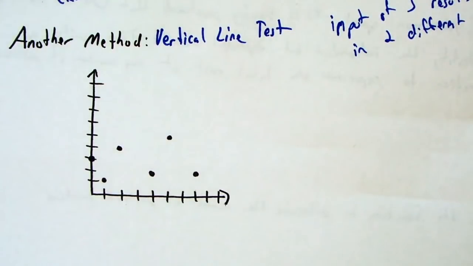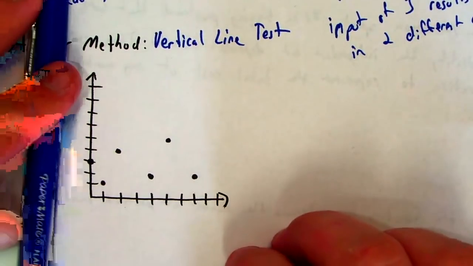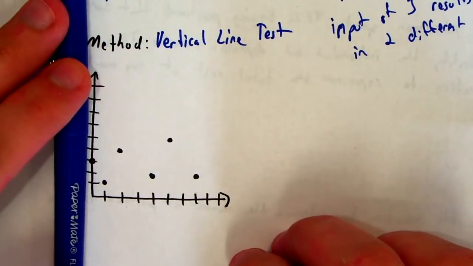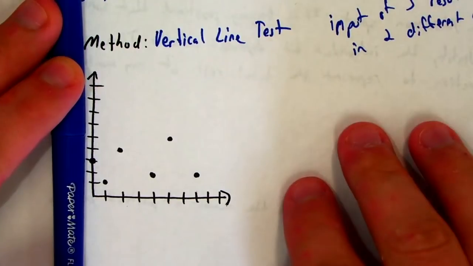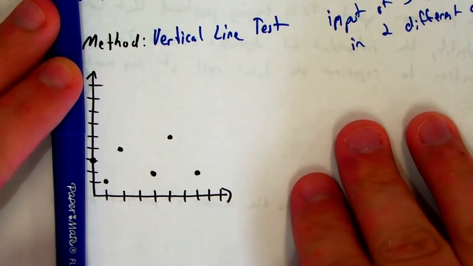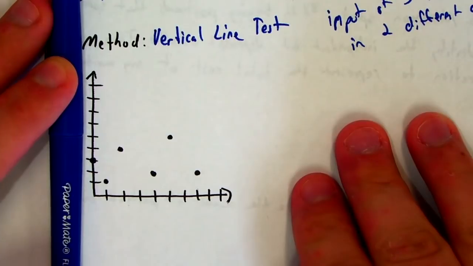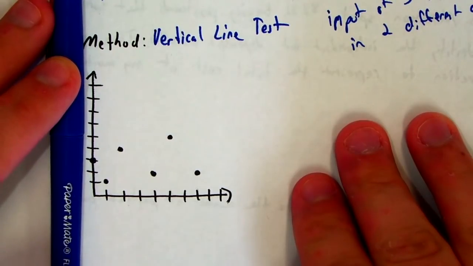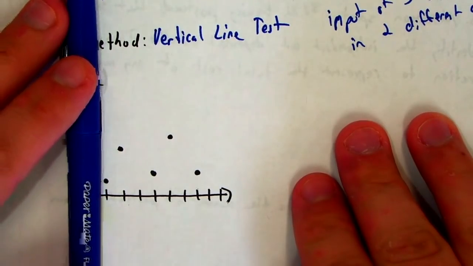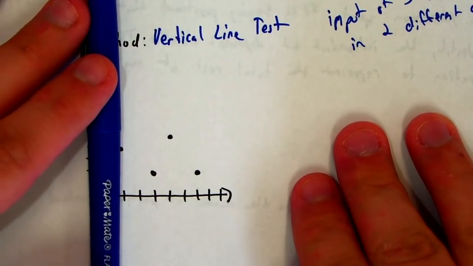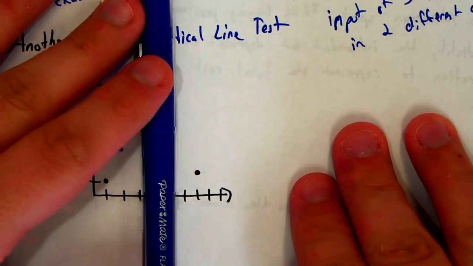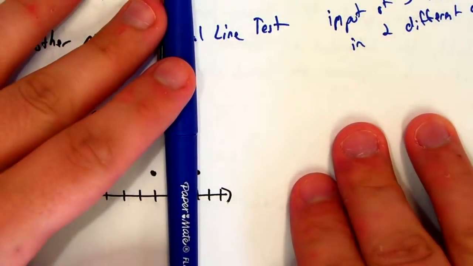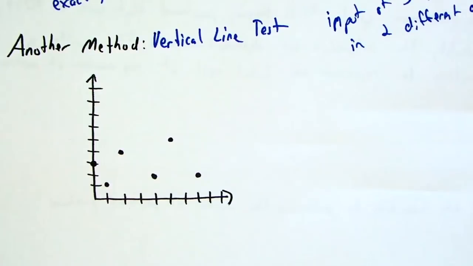And what we do is we take a pen or a pencil or something that's straight, and all we do is we move the pen from the left side to the right side, checking if for some reason two dots intersect with this line at the same time. So far we're good, all the way through.